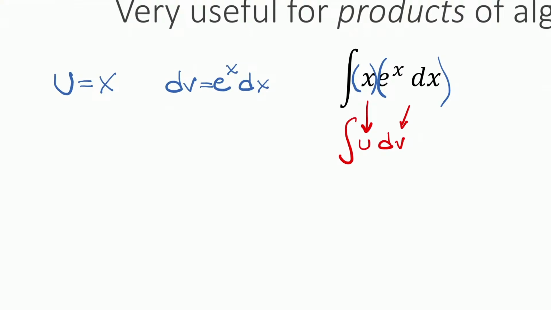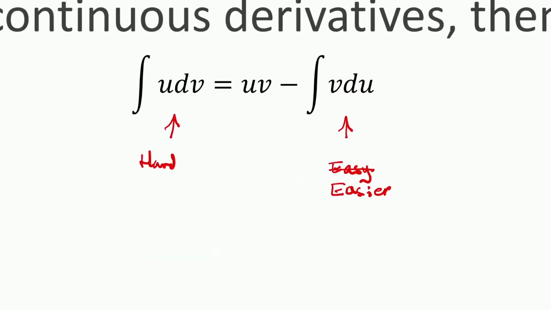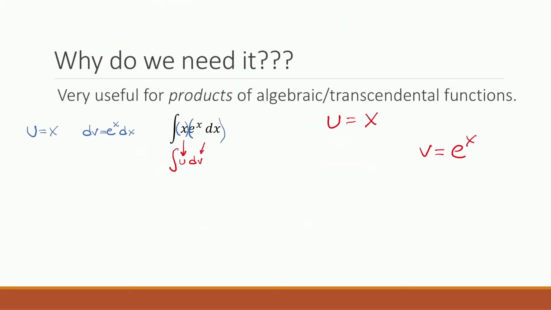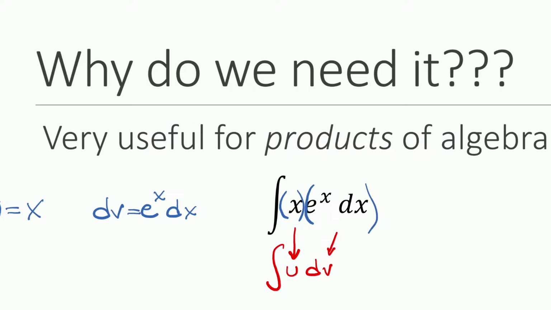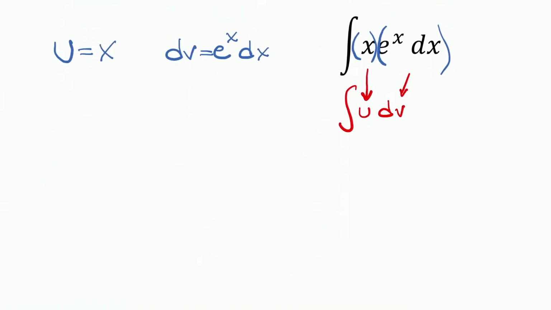Okay, let me go back to my formula here. My formula says that if you have the integral of u dv, I can rewrite this as u times v minus the integral of v du. Okay, so let's go back. I know there's a lot of moving parts here. We're going to practice this some. And if it takes us another day, that's fine, because I'd rather you feel good about this than feel angry about it.